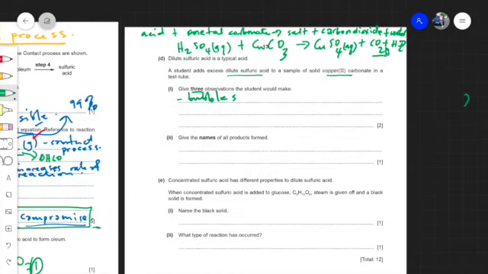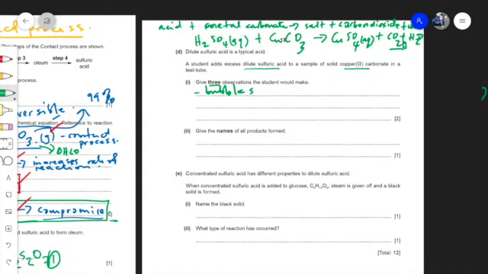And the other thing that you're going to observe is that the solution is going to form a substance that is blue. A blue solution is going to be formed.